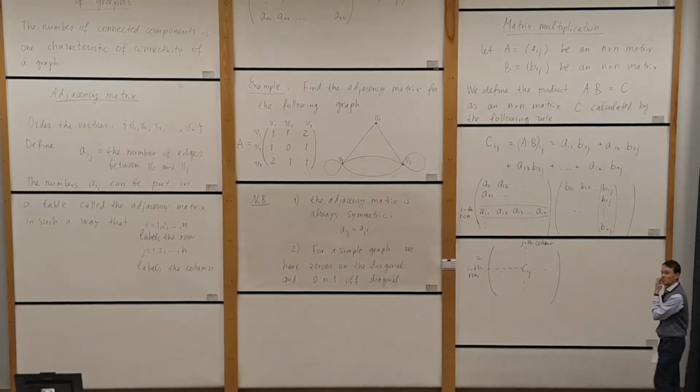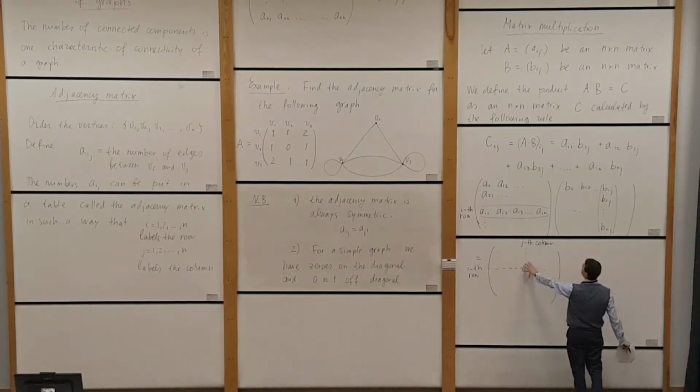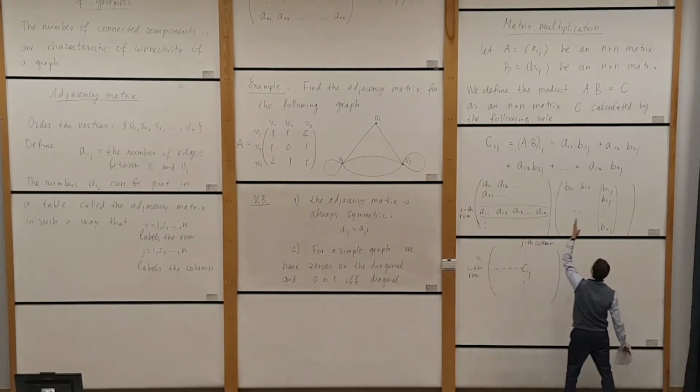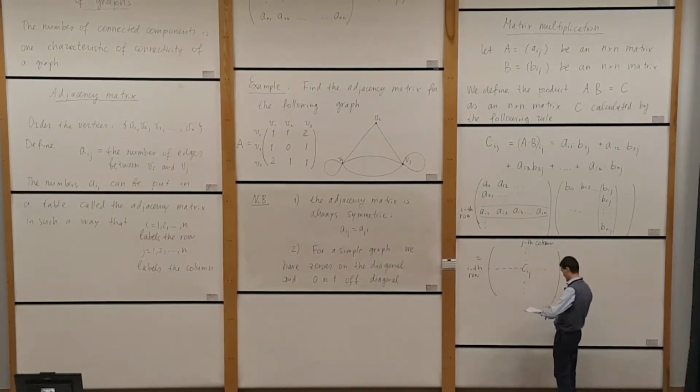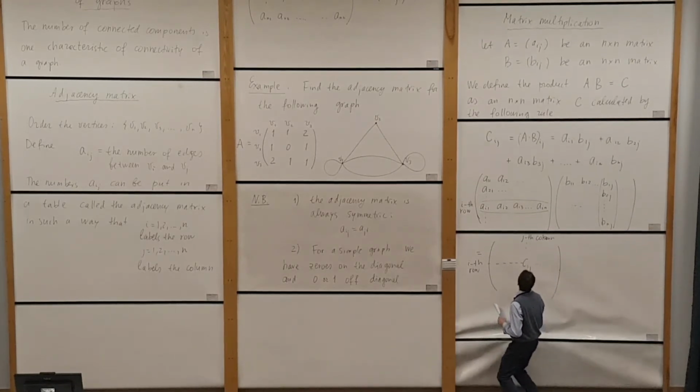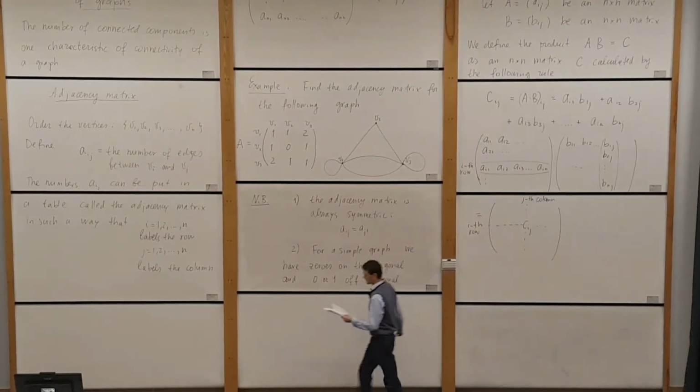So you see that the process is rather laborious, because to calculate one entry in the product matrix, I have to do n multiplications and n minus 1 additions. So let me do an explicit example of calculating a product.